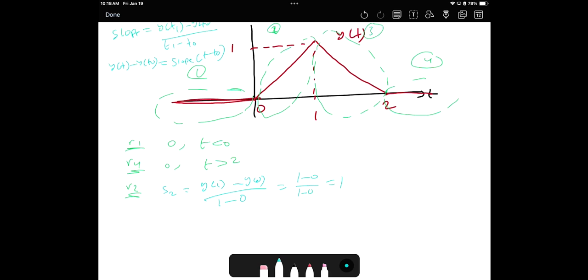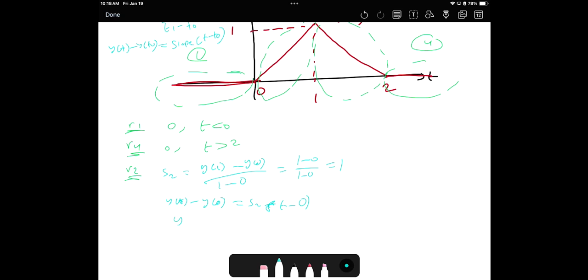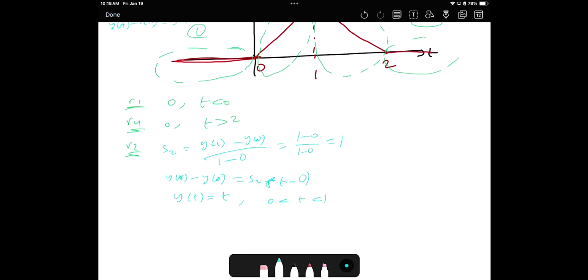Then, in order to find the equation, it will be y of t minus y of 0 equals slope S2 times t minus 0. So y of 0 equals 0, therefore y of t will equal t. And this region R2 is only between 0 and 1.